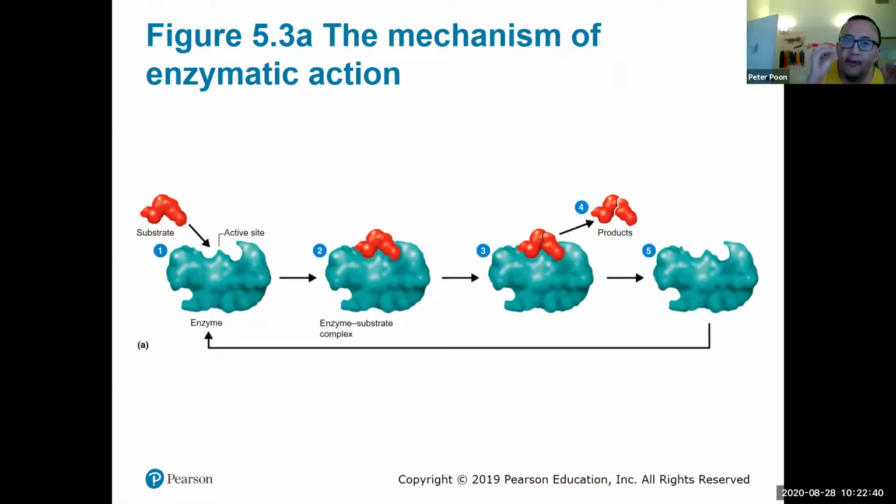The enzyme fits the substrate onto its active site, and then once the enzyme substrate complex has been established, it changes shape a little bit to make it really easy for the chemical reaction to happen. If you're breaking something, the bend stretches out the bonds so they break easier.